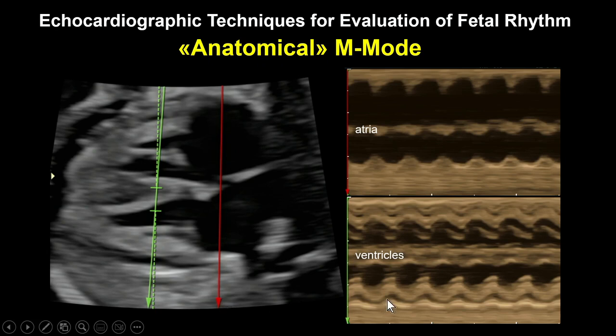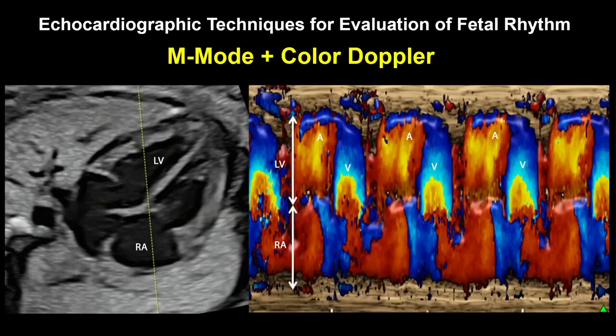And of course, they are associated with time, so we can see each atrial contraction followed by a ventricular contraction, and easily describe this rhythm as one-to-one conduction consistent with sinus rhythm.